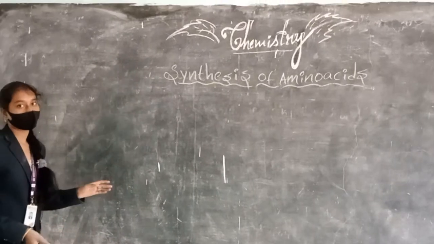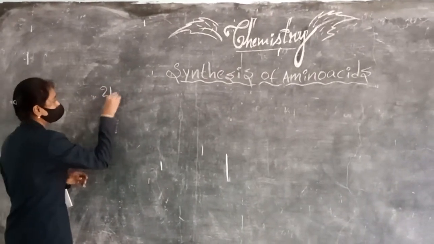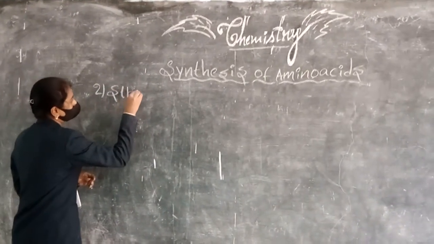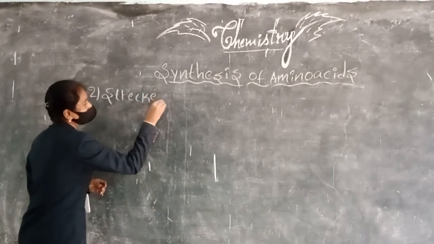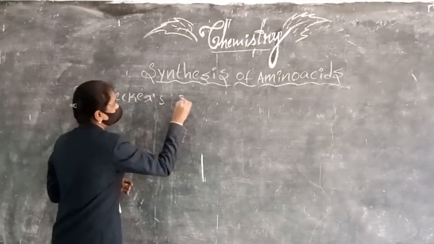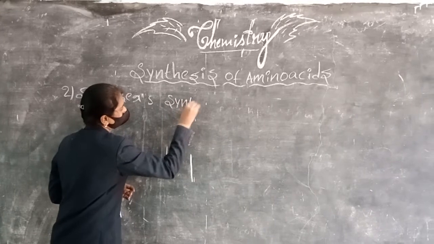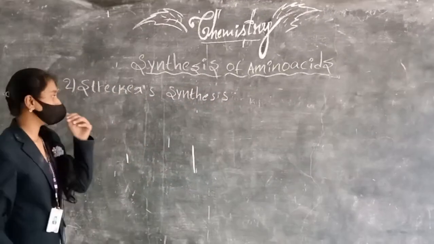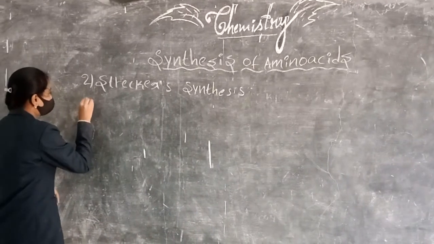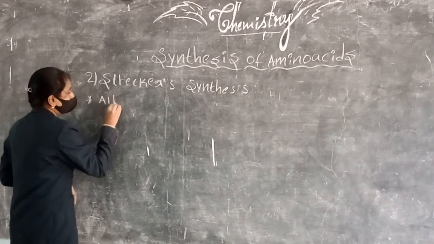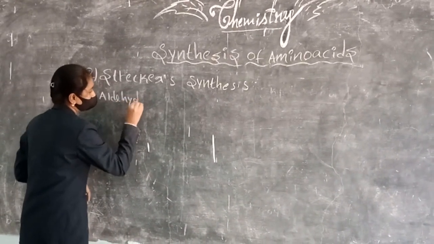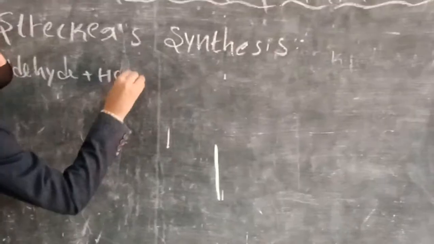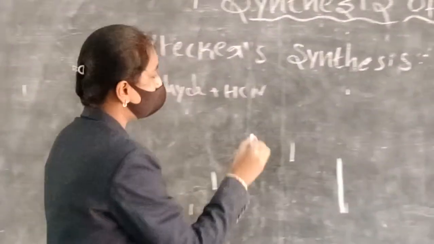Now we discuss the second method, that is Strecker's method. It is also known as Strecker's synthesis. Here we have to take an aldehyde and acetaldehyde. First of all, we take an aldehyde, which is treated with HCN to form cyanohydrin. Let's see the equation.